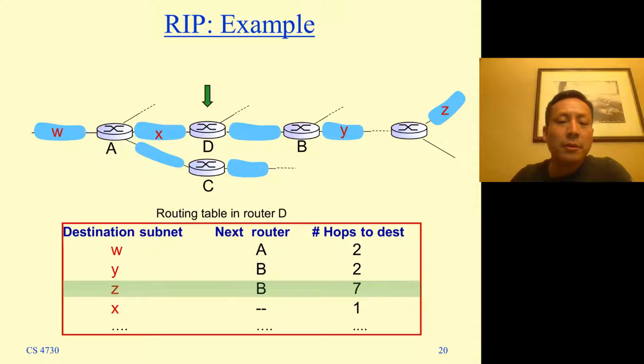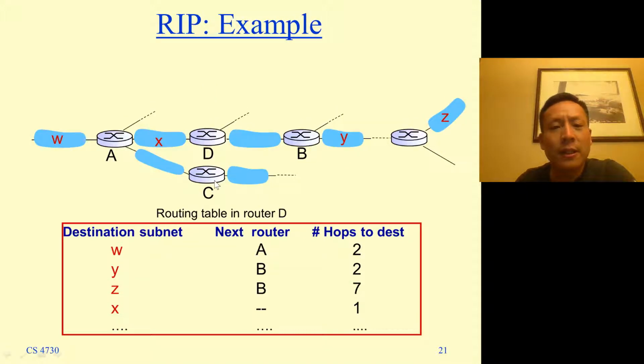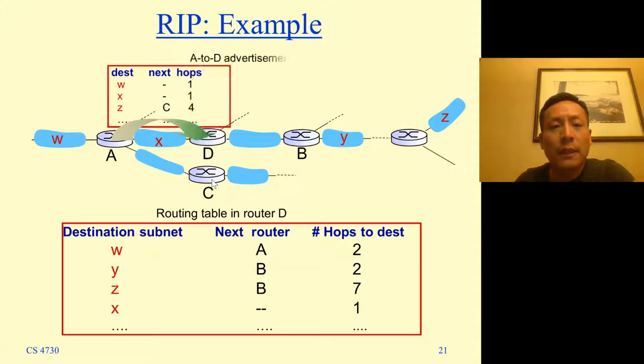So now, supposedly, something happened, and we have some router C connected, and somehow you exchange this reachability information using distance vectors.